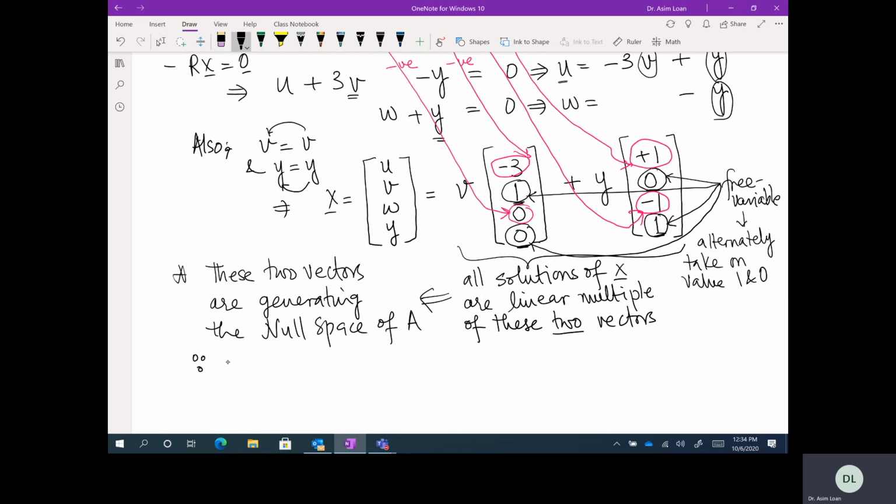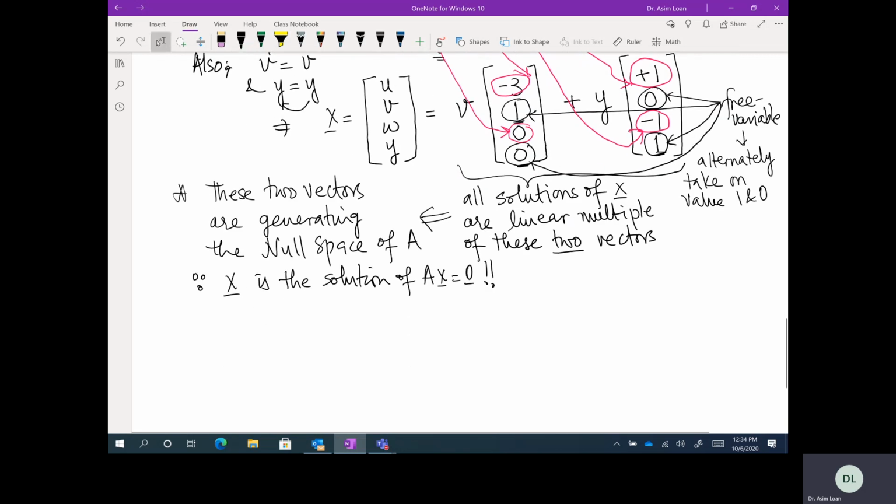Because x is the solution of Ax equals 0. Right? So obviously we are going to get the solution of these. So the solution of Ax equals 0 generates the null space.